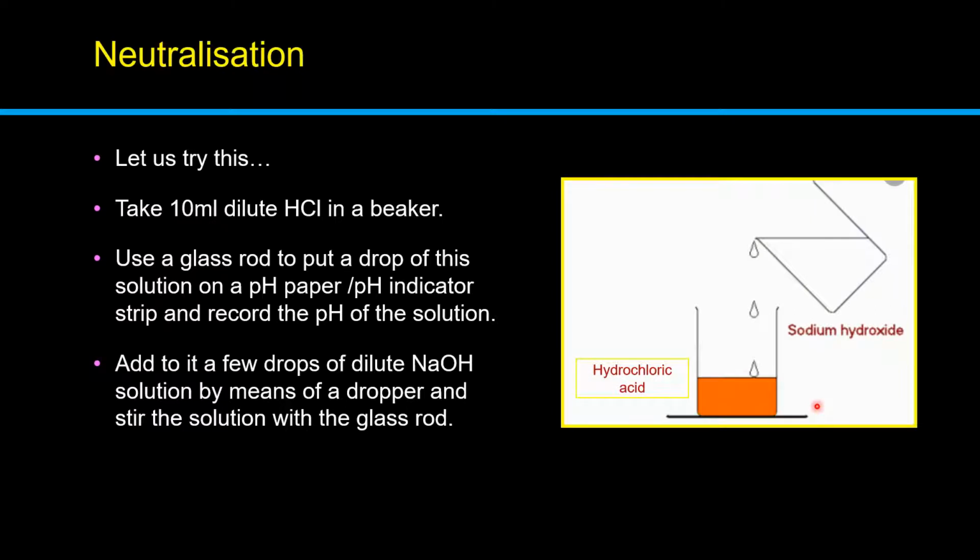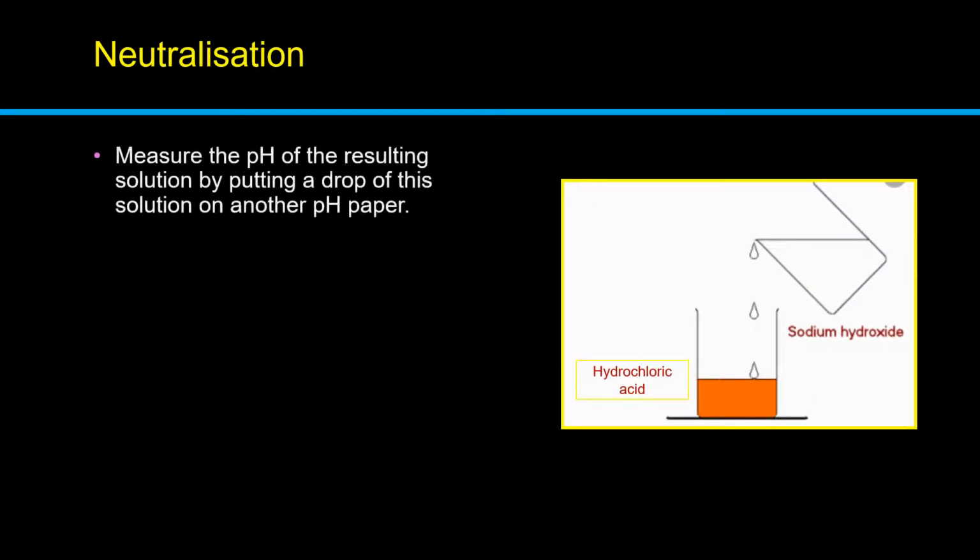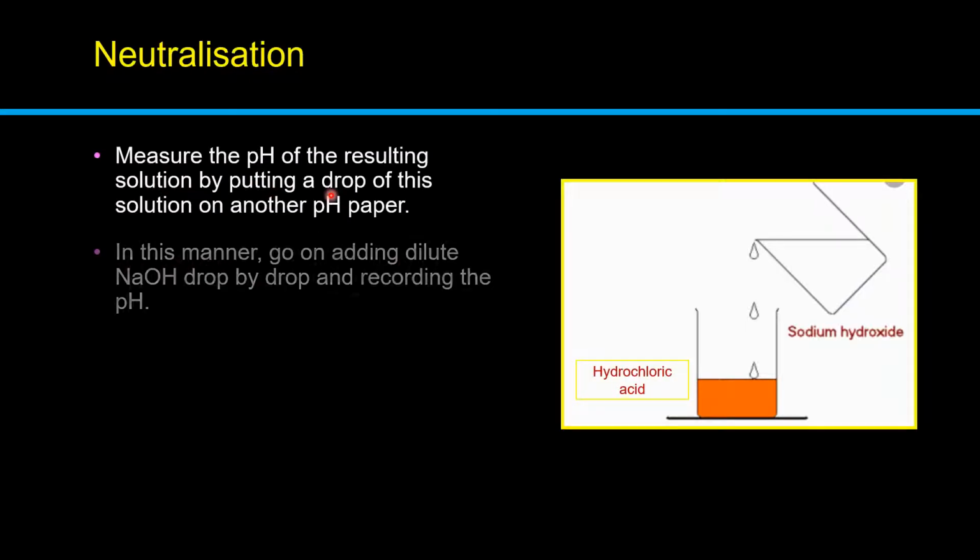Now what we will do, we will add a few drops of sodium hydroxide by means of a dropper and stir the solution with the glass rod. Now measure the pH of the resulting solution by putting a drop again on another pH paper. Like this, children, you go on adding drop by drop of sodium hydroxide and record the varying pH. So what will we find?